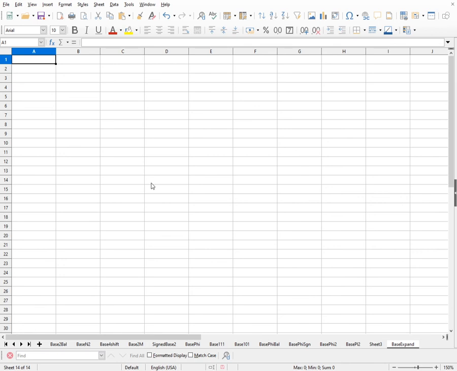All right, well, now I'm in LibreOffice. I've started a new sheet here. LibreOffice is an office suite, freely available.